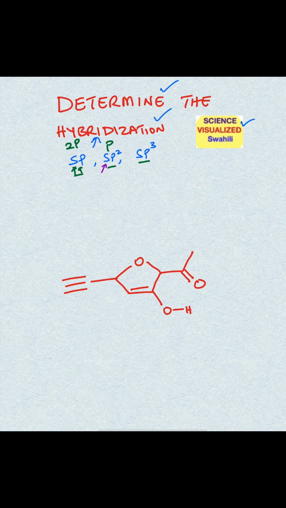So in sp2, you have about 33% s character and about 66% p character, while in sp3, we have about 25%, so a quarter s character and 75% p character. So we see that the percentage of s character increases as you go towards sp, and that means sp will be more acidic.